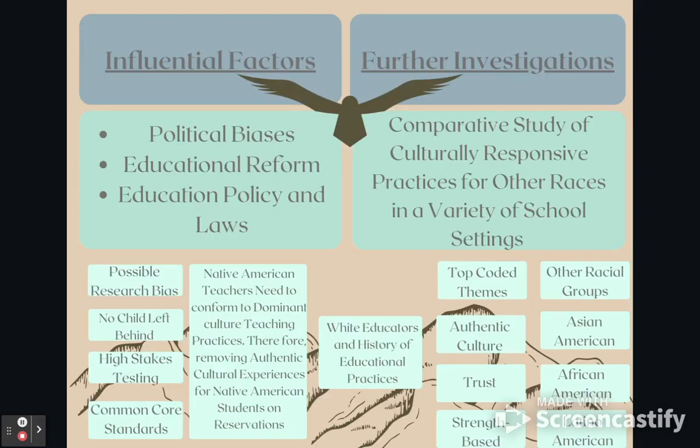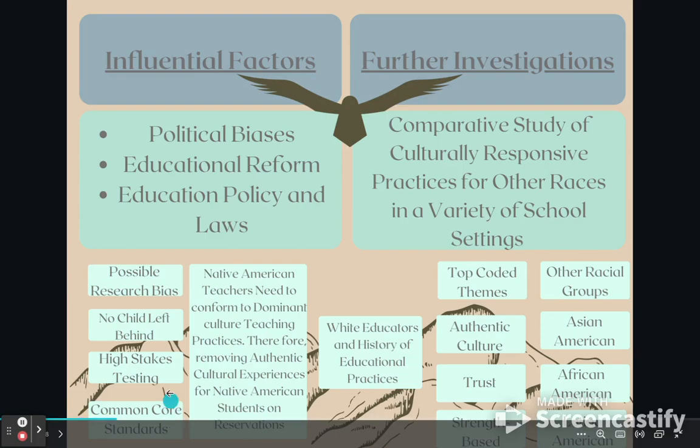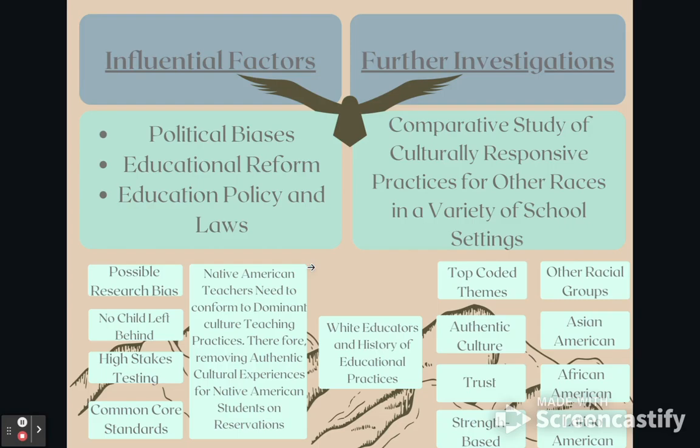Some influential factors in the culturally responsive practices and in the articles that were read: some of the articles may have had some political bias. Some talk about critical race theory and things like that, however, done mostly on factual bases, and also discussing educational reform, policies, and laws in ways that prevent these culturally responsive practices from truly taking effect in the schools, because we know that Native American teachers need to be a part of the process.